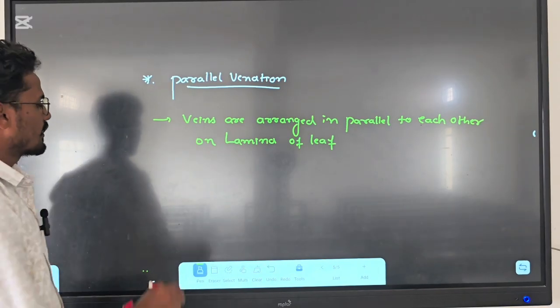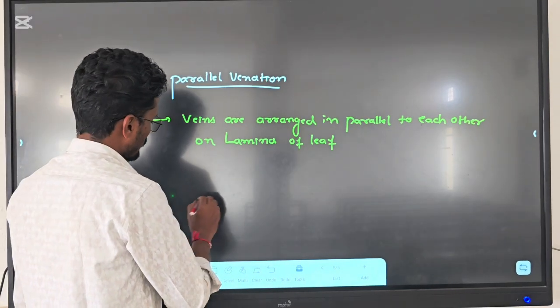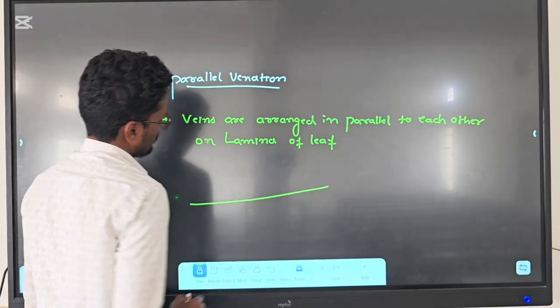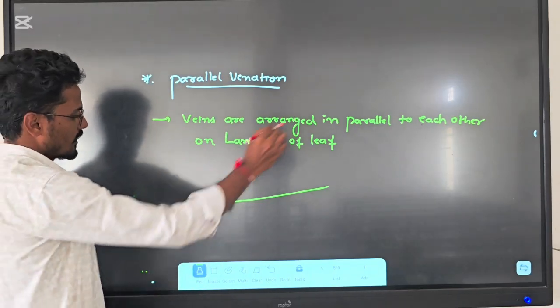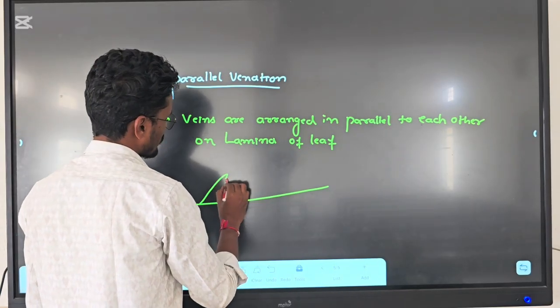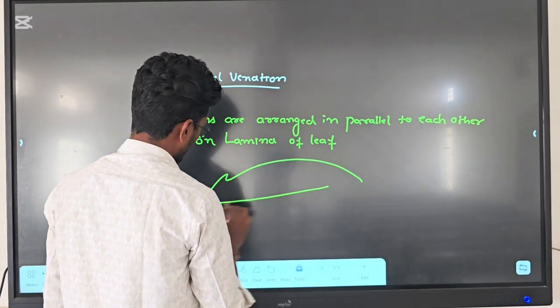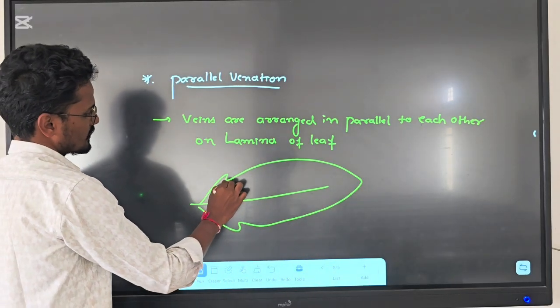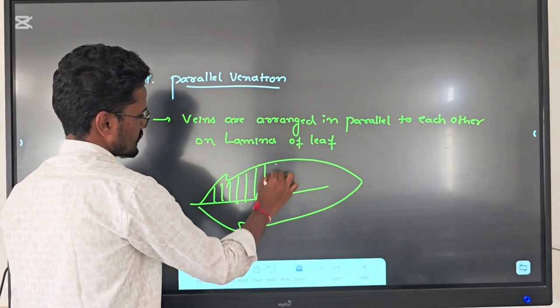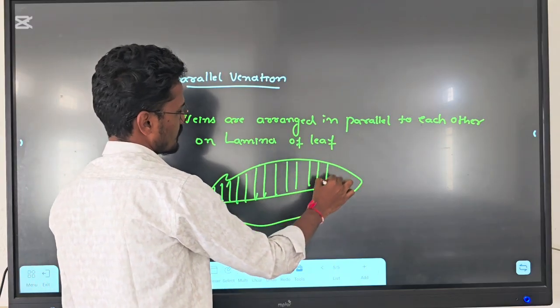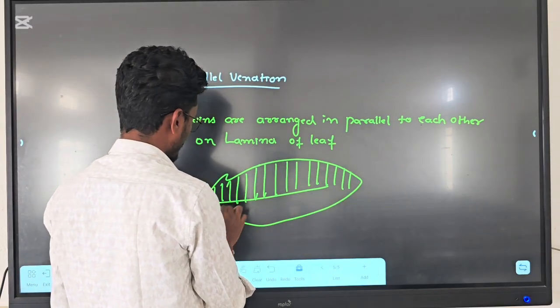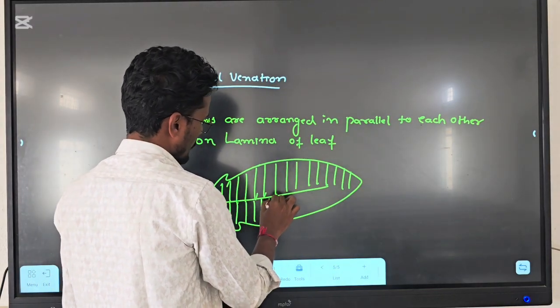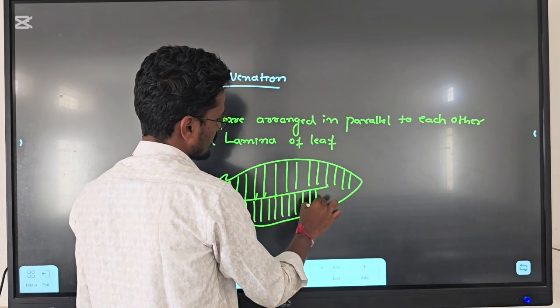We'll see that diagrammatically. This is the main vein, and from it the veins are formed like this. This is parallel venation. These types of leaves show parallel venation, where the veinlets are parallel to each other.